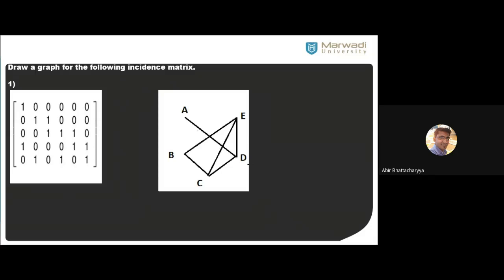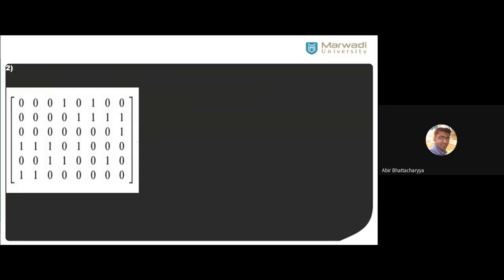Even you can understand whether your answer is correct or wrong. Check this structure. Your structure may be slightly different, but it's isomorphic with this. Okay, next matrix, find the graph quick.